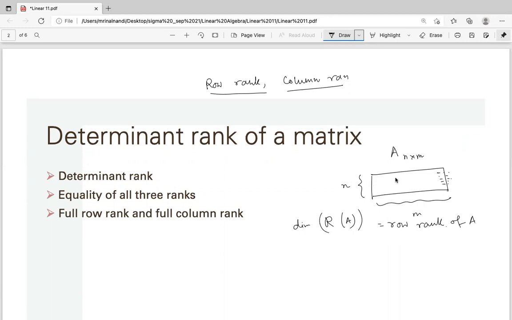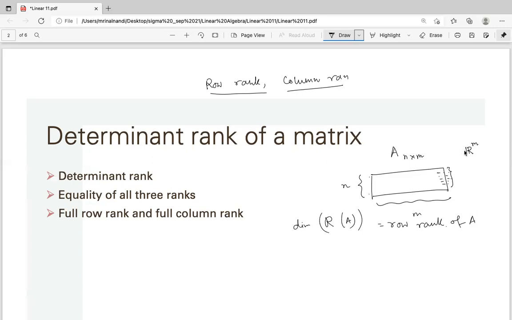So what is the row rank of A? It is the number of independent rows. That means the subspace of Rm, because all the rows are from Rm. There are n rows but m columns, so the number of coordinates in a row is m.